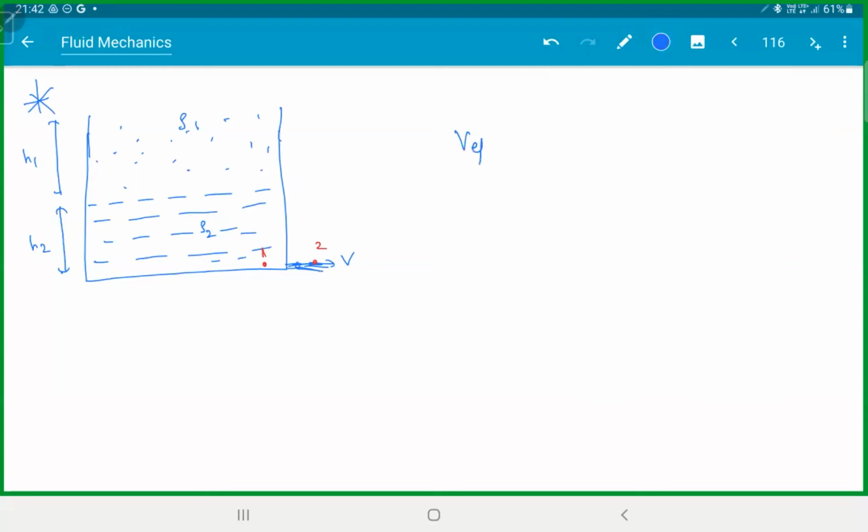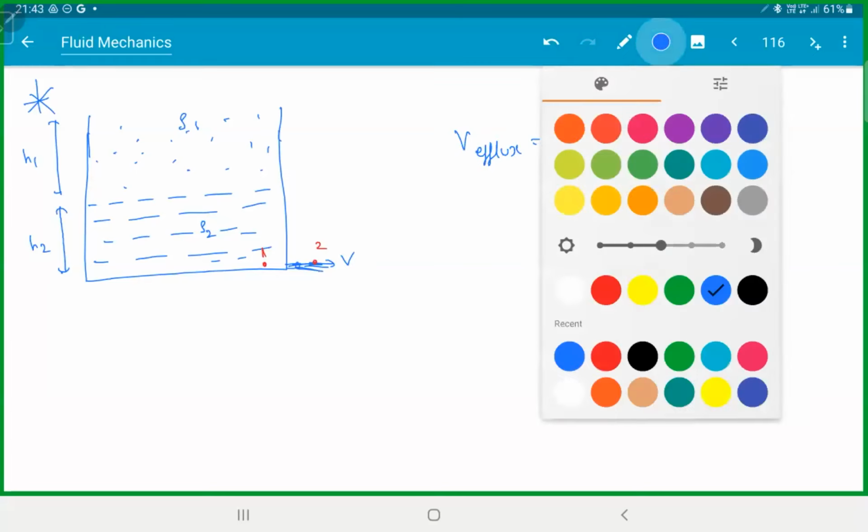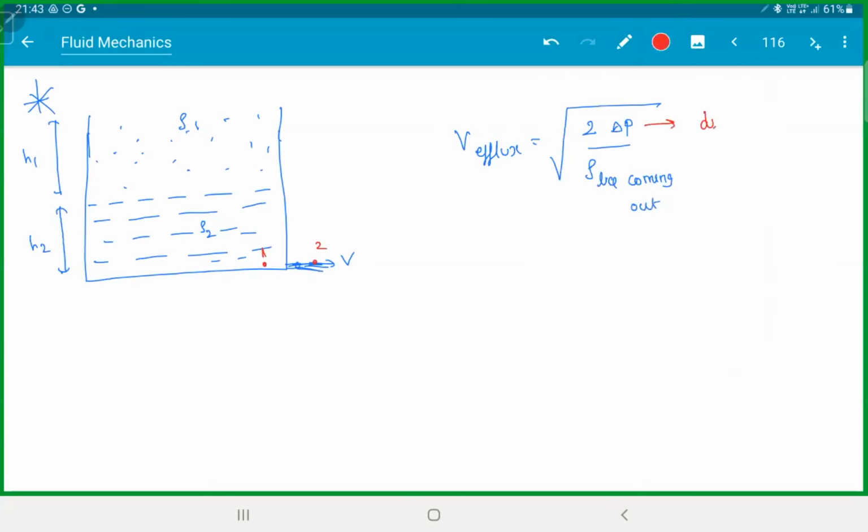So the velocity of efflux is simply root over 2 times delta P by the rho of the liquid which comes out, where this delta P is the difference in pressure inside and outside the hole.